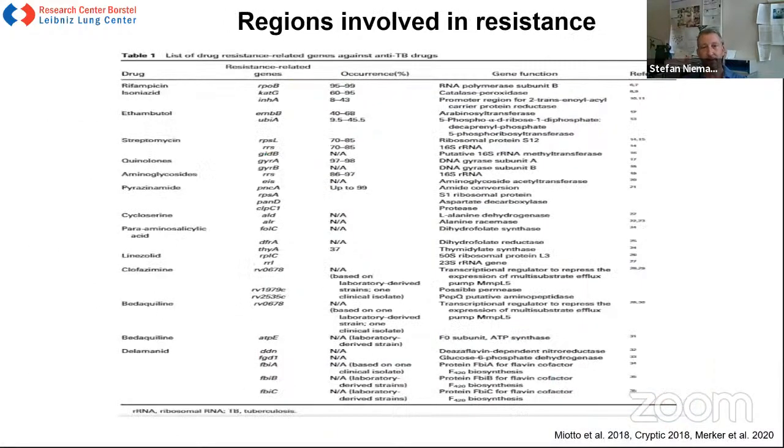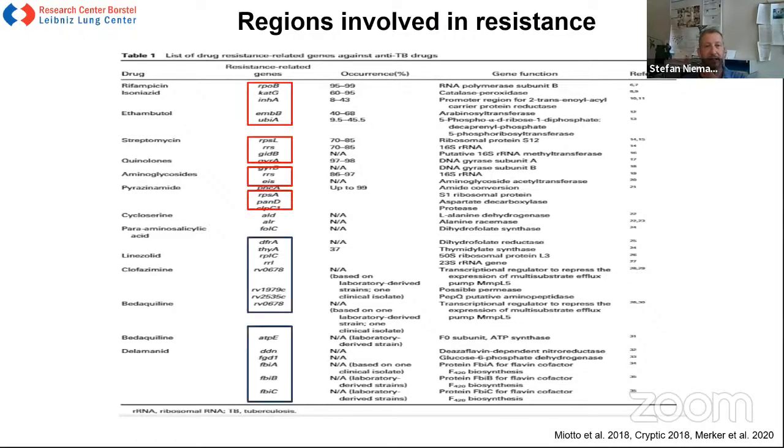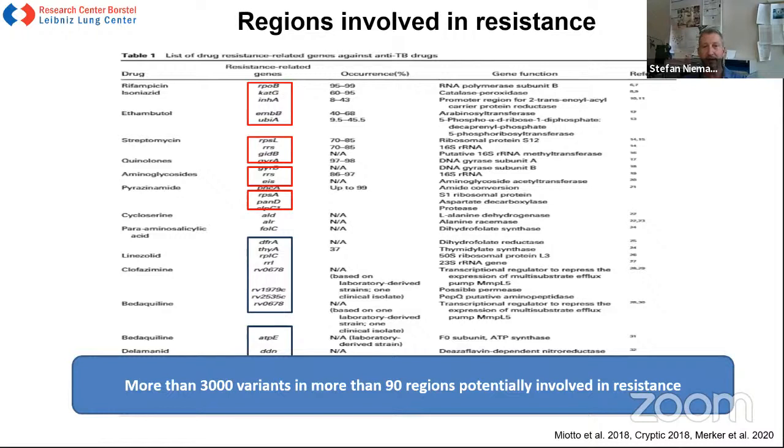So if we then look into the regions involved in resistance, then we do see, even on this slide here, that there is a high number of genes already when we would make a short list. But actually, in our data analysis, we are currently looking into more than 3,000 variants in more than 90 regions that are potentially involved in resistance.